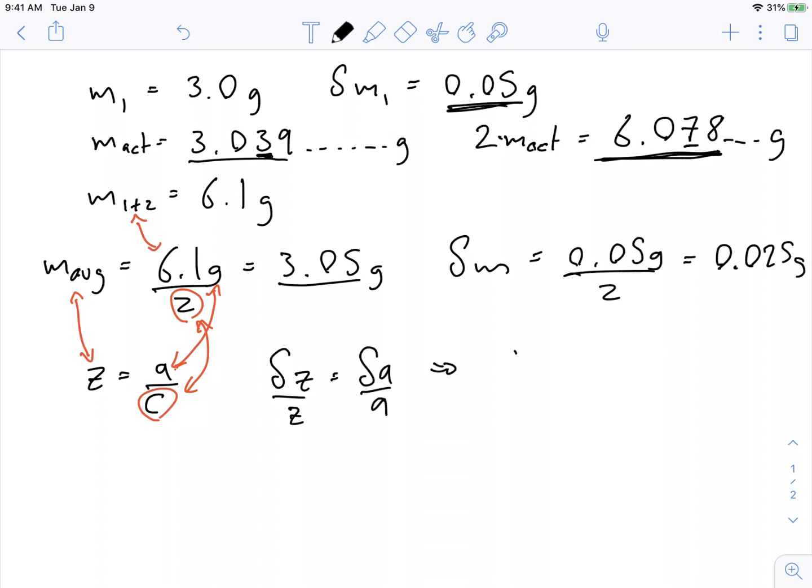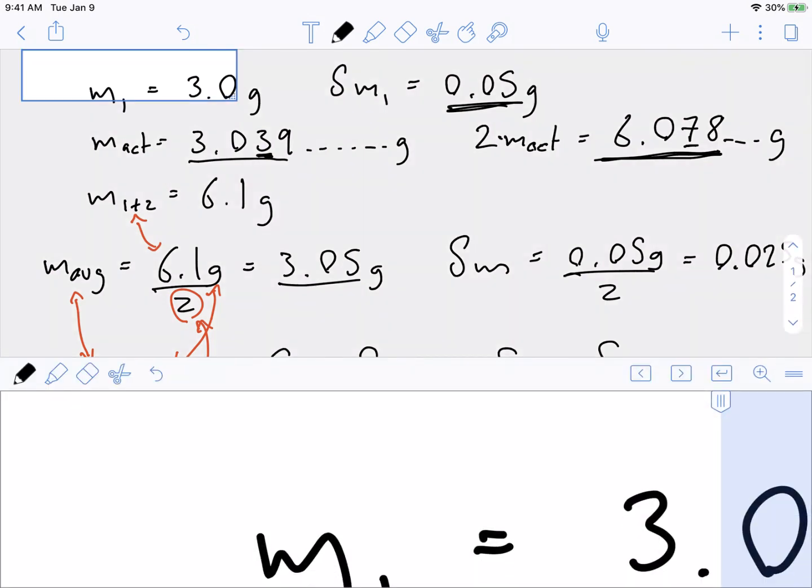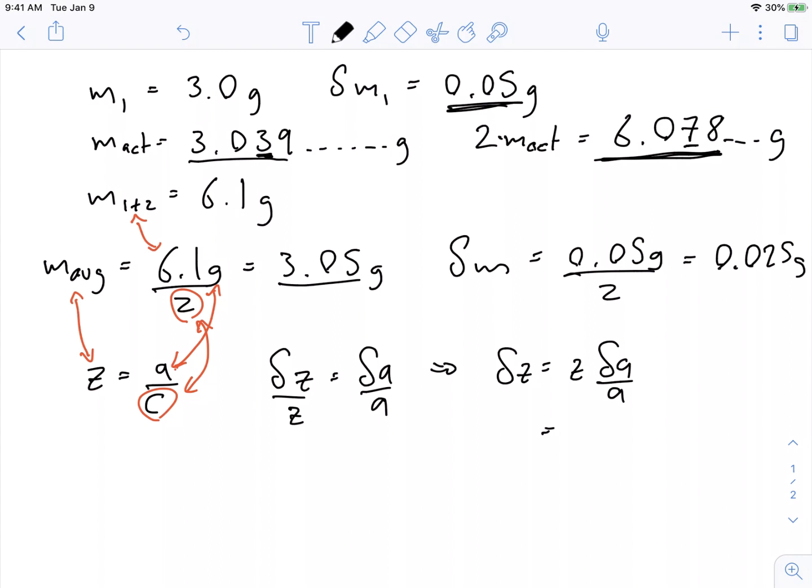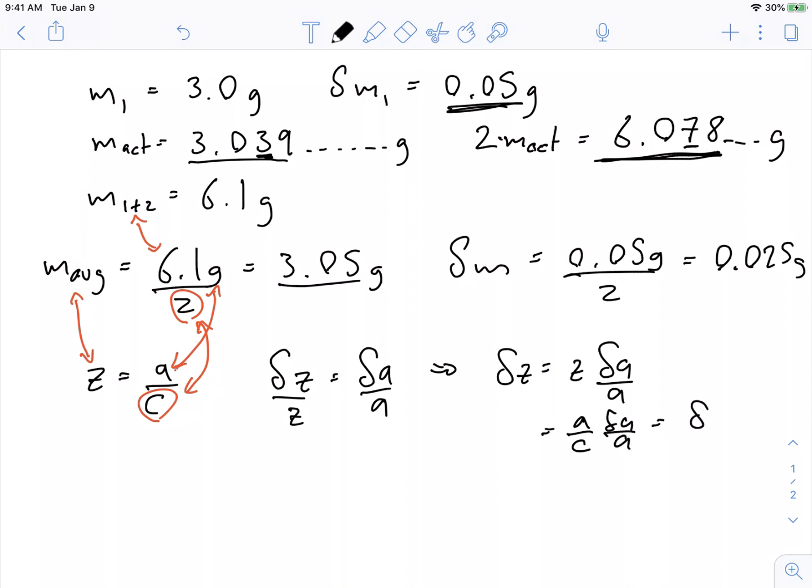And this implies that my uncertainty in Z is equal to Z times delta A over A, which is equal to, because I know Z is equal to A over C, times delta A over A is equal to uncertainty of A over C, right?